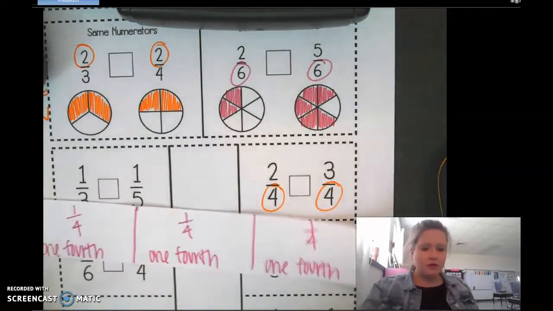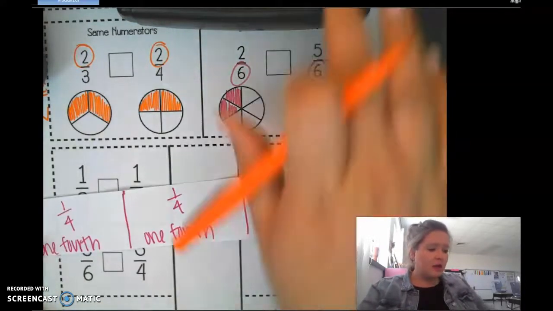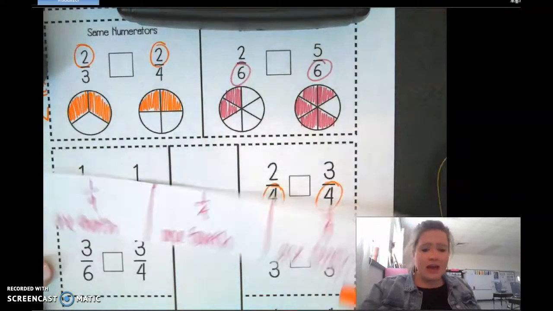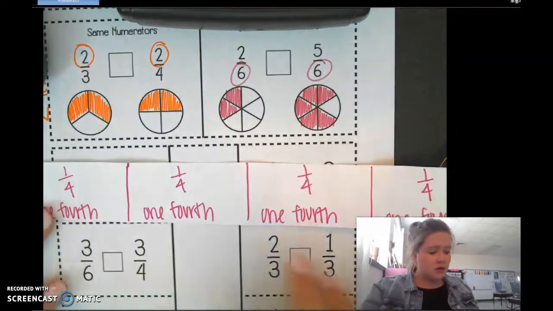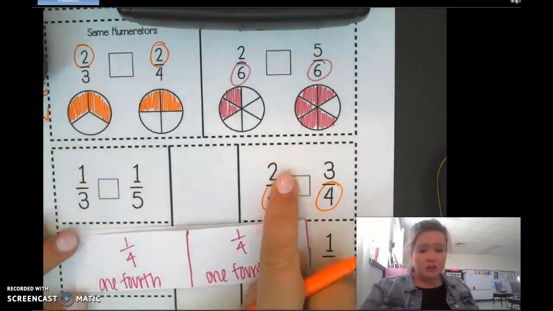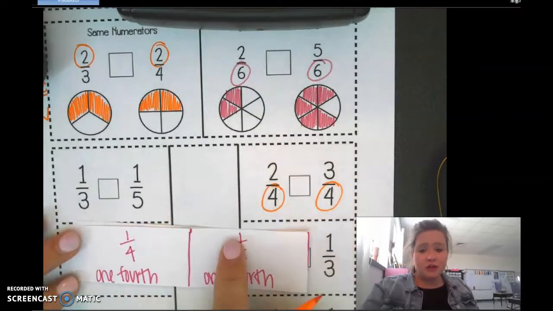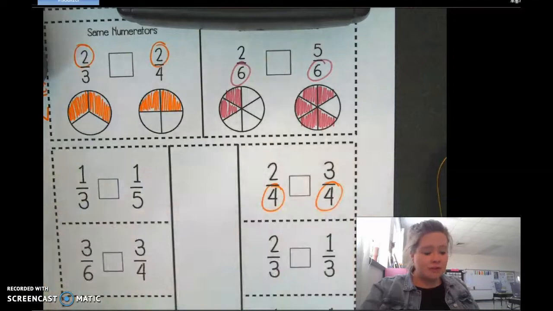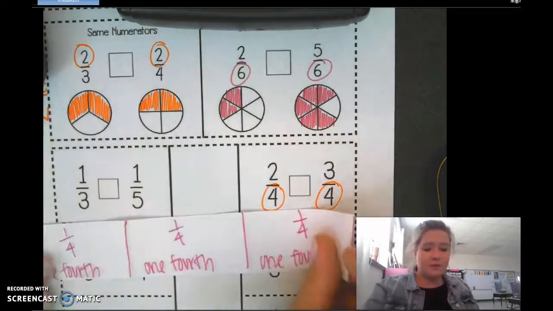Wonderful job, third grade. All right, so I'm going to get out my fraction strips. And I have my 4ths out, okay? And I am going to fold my fraction strip to represent 2/4. And then I'm going to fold my fraction strip to represent 3/4.